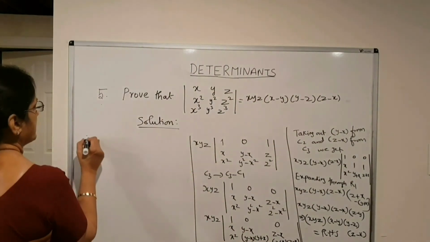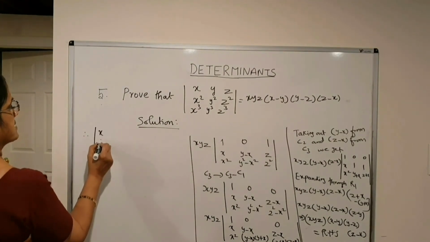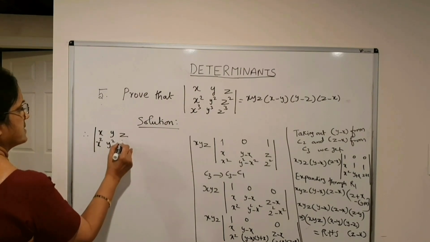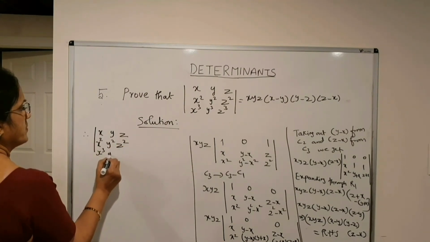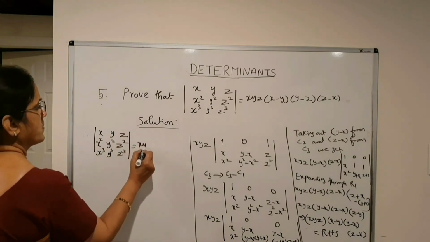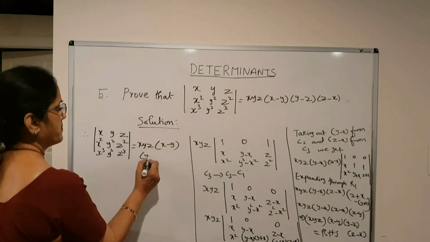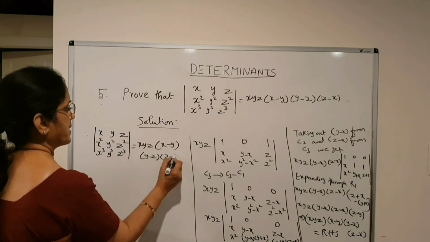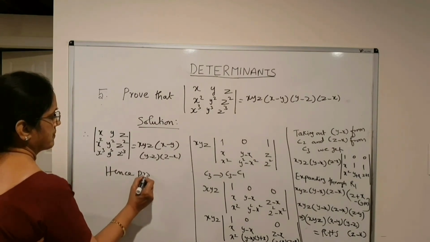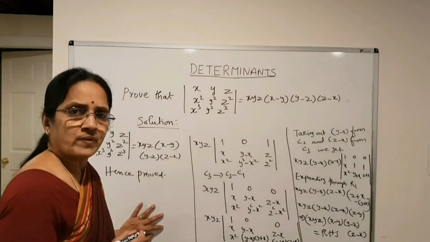Final answer should be, therefore determinant x, y, z, x square, y square, z square, x cube, y cube, z cube is equal to xyz into x minus y into y minus z into z minus x. Hence proved. This is how you should conclude your answer.